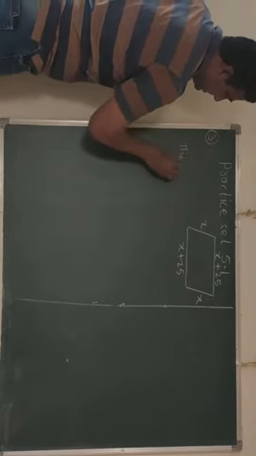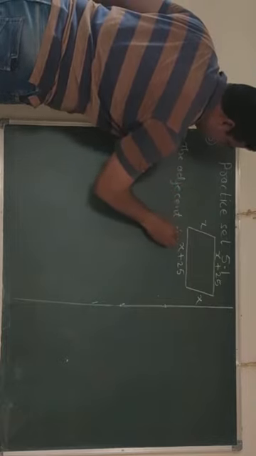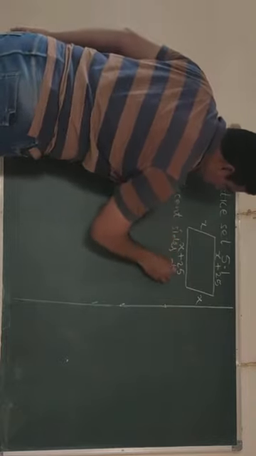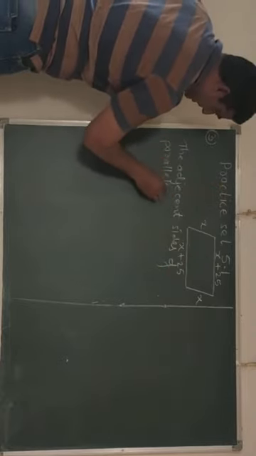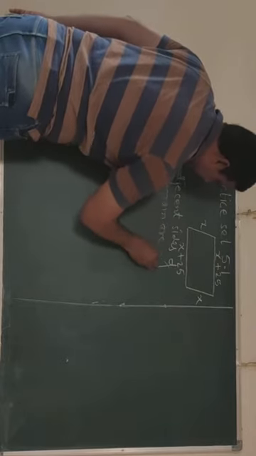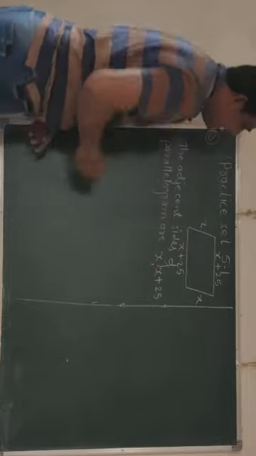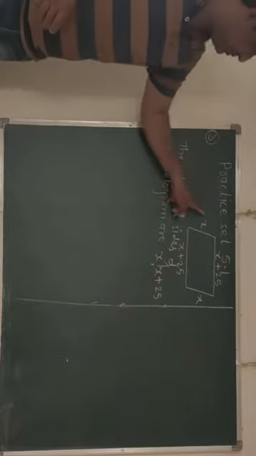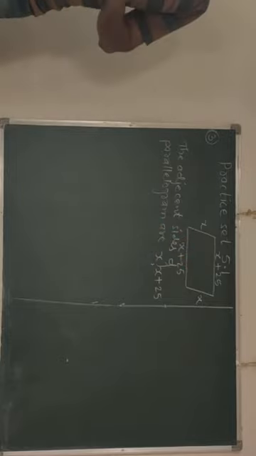The adjacent sides of the parallelogram are first one x, other one x plus 25. Opposite sides are equal, so x, x plus 25, x, x plus 25.